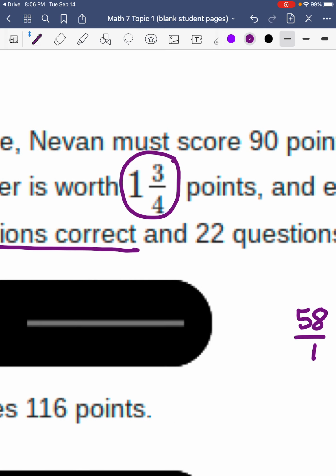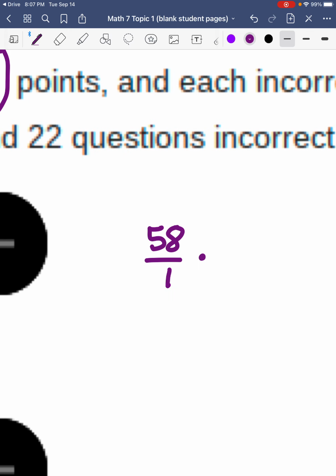Can I write that as an improper fraction though? Yeah. 4 times 1 is 4, plus 3 is 7. So times 7 over 4. Okay, if I multiply these together, I'm going to find out how many points he got from correct answers.